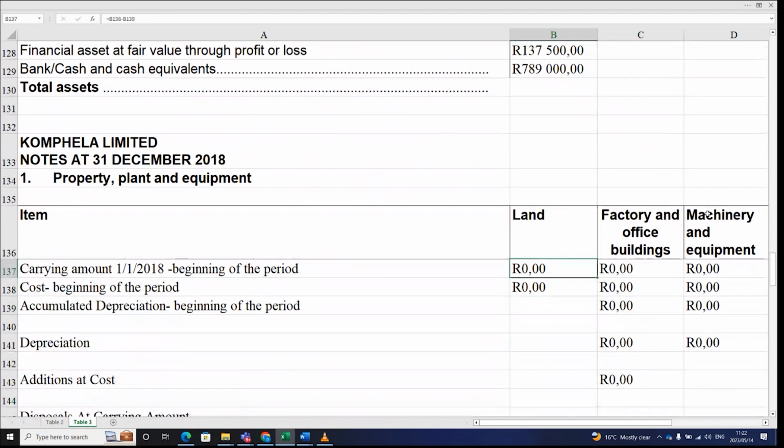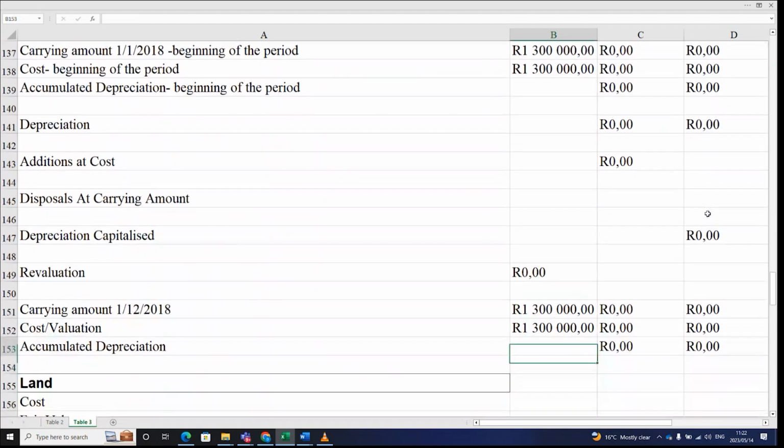Right. So we know that this land was acquired in 2015, as the question said, at a cost of 1.3 million. Then we know it was valued for the first time, and the valuation date value is 1.5 million.